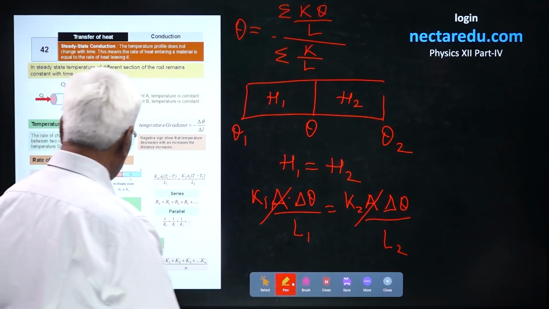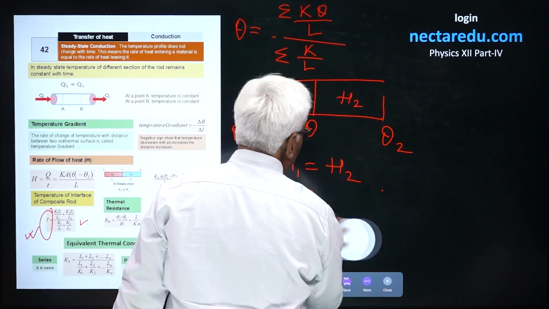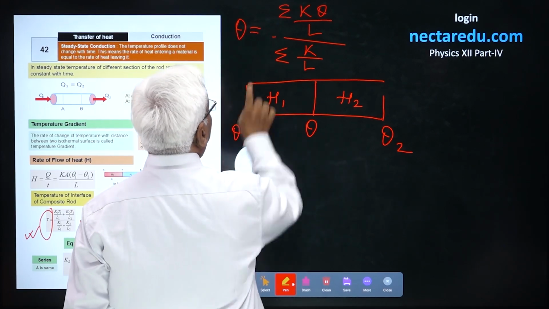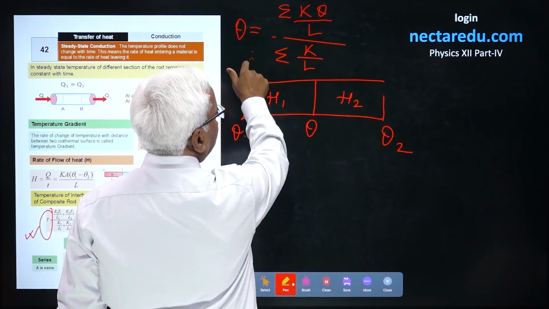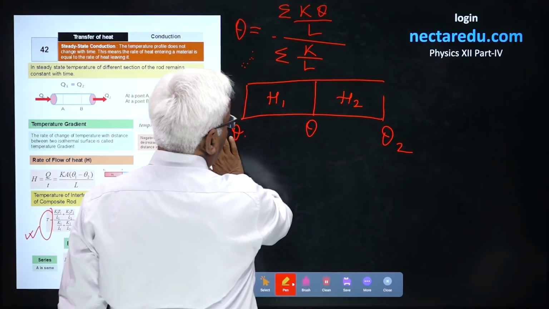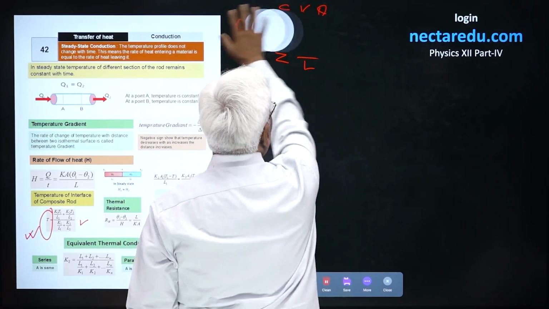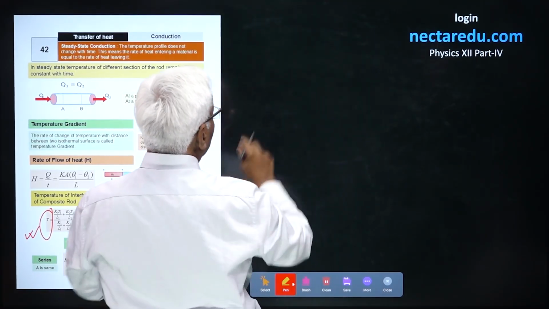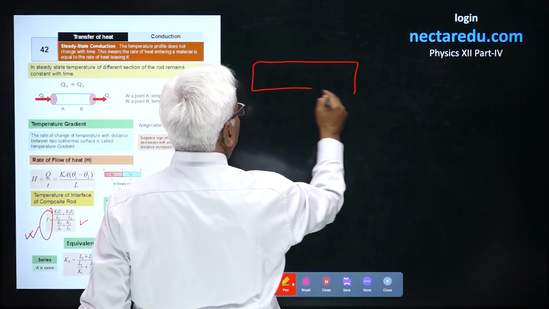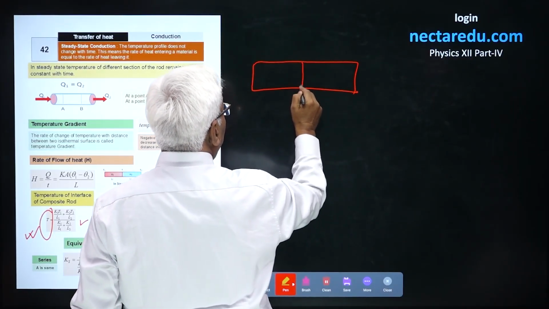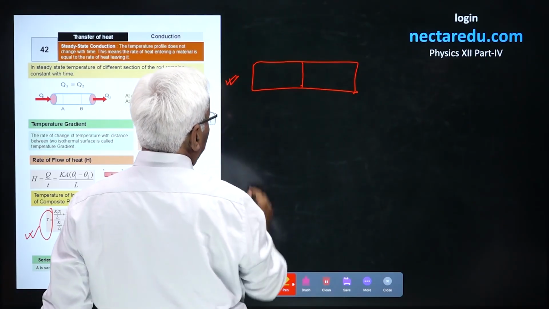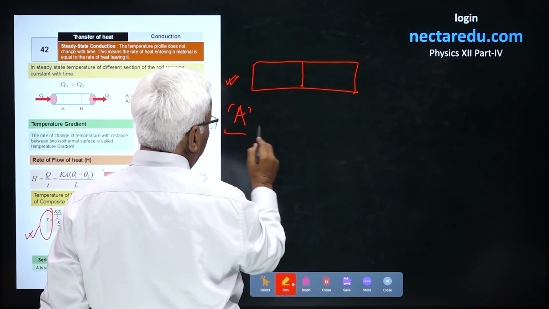Then what is going to be the equivalent value of thermal conductivity? You see, this is the formula for temperature of interface. For the equivalent thermal conductivity, if you connect them in series, one condition will be pre-imposed that area remains same for both.